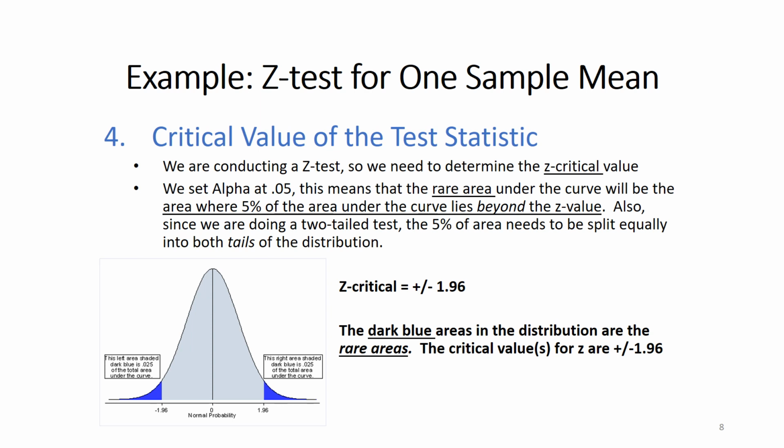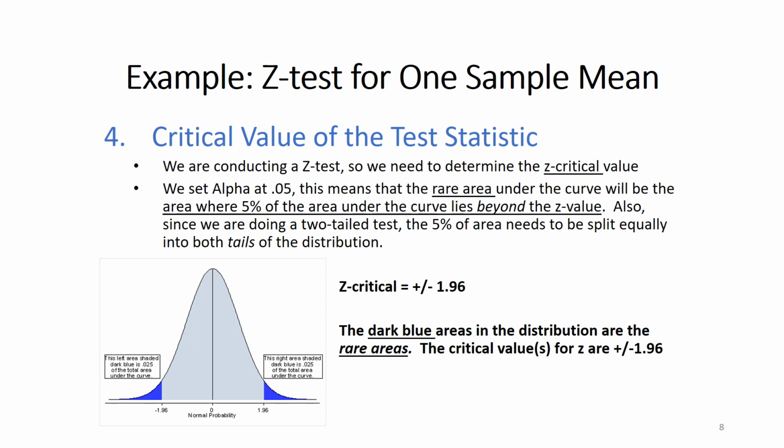Since we're working with the z-distribution, our critical value will be a z critical value. Also, since we are doing a two-sided, two-tailed, or non-directional test, we are going to have our rare area split into two ends of the distribution.